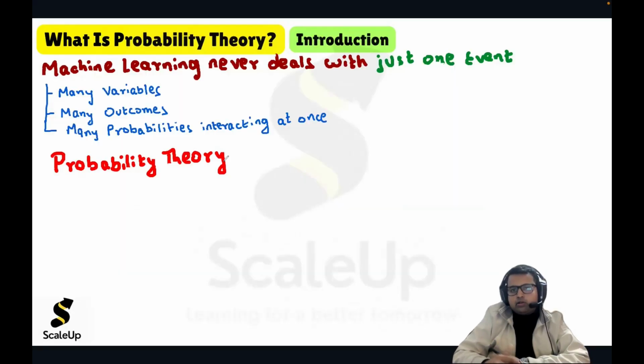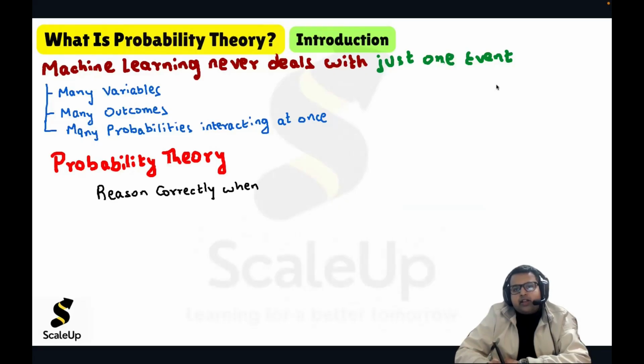So here comes probability theory into the picture. Whenever many events are involved and many probabilities interact with each other, we have to make use of probability theory. Probability theory helps us to reason correctly when many uncertain events interact with each other.